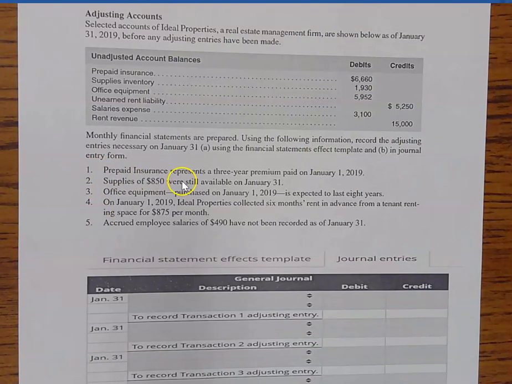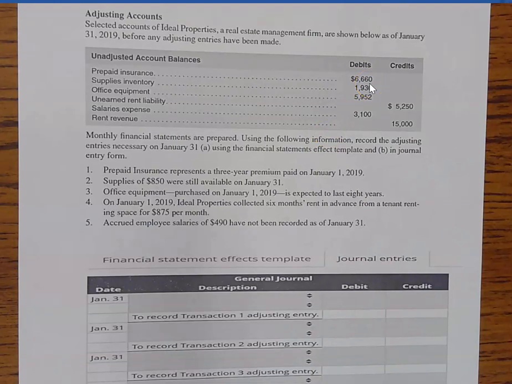Number 1 says prepaid insurance represents a 3-year premium paid on January the 1st, 2019. So we just bought this premium, and we will need to use it. On January the 1st, we spent $6,660 in cash.